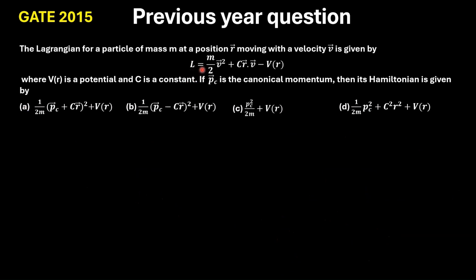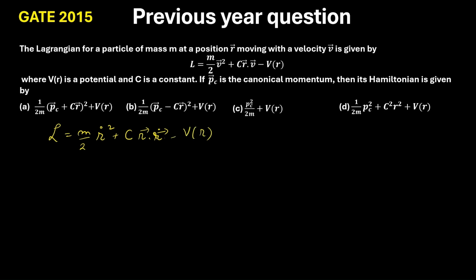In this question, we are given the Lagrangian and we have to find the Hamiltonian. The Lagrangian is given by m by 2 v square, so I can write that as m by 2 r dot square plus c r vector dot r dot vector minus v of r.